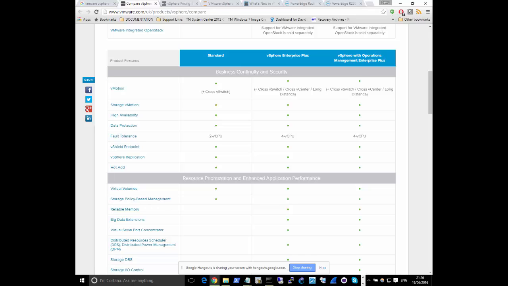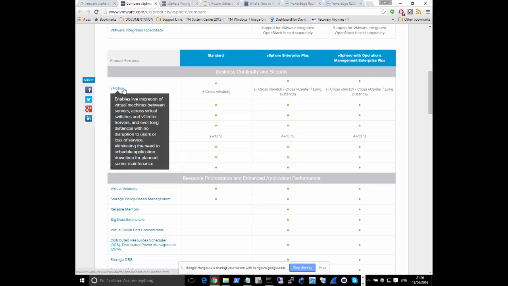Awesome. That is absolutely correct. It's just the ability to, as you can see, enable live migration of virtual machines between servers across virtual switches and vCenter servers. This is really interesting, because before vSphere 6, you can't do vMotion between data centers. You can do vMotion within servers that are within the same cluster, but not across data centers.